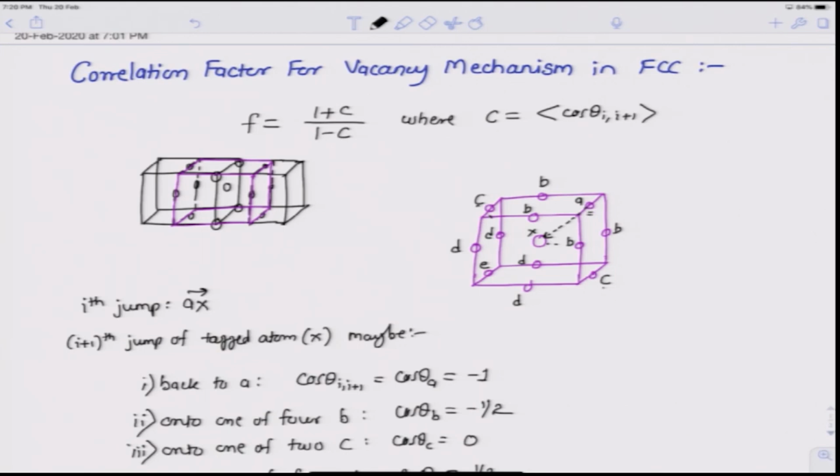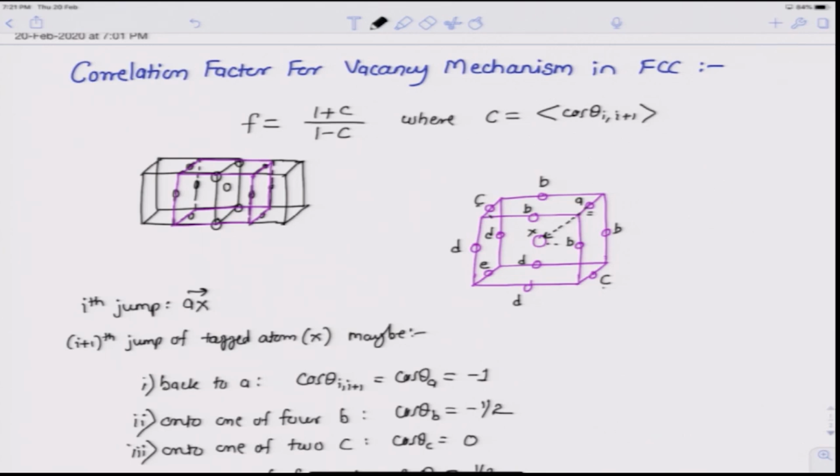This vacancy itself can make n number of jumps and come back to any of the nearest neighbors of X before the X has already exchanged a second time. And then if the same vacancy exchanges with this X, it is a correlated jump, because the X is exchanging successively with the same vacancy.